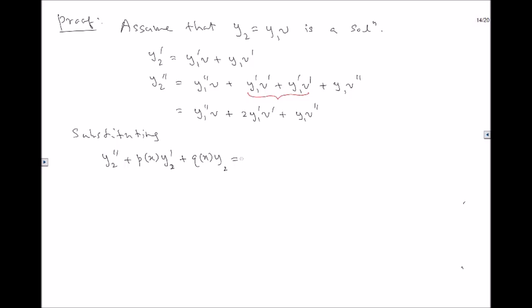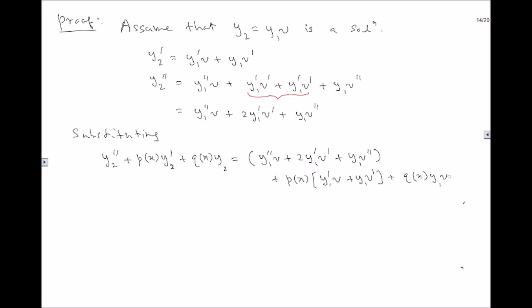Let's see what's going to happen. Substituting, y2 double prime is y1 double prime v plus 2 y1 prime v prime plus y1 v double prime, and then plus p(x) times y2 prime, which is y1 prime v plus y1 v prime, plus q(x) times y2, which is y1 times v.